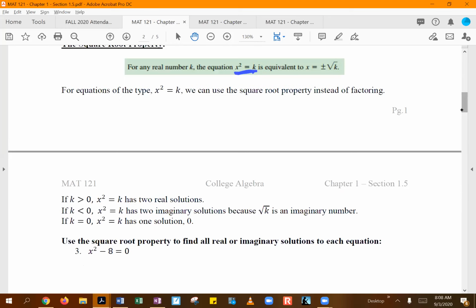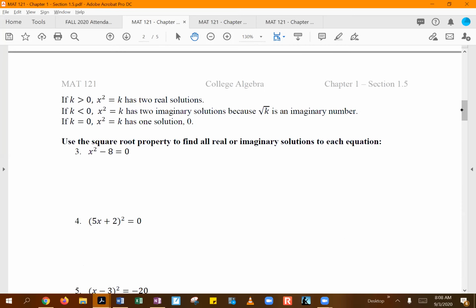Now, based on this value of k, we can decide what type of solutions our quadratic equation will have. If that k value is positive, then we will end up getting two real solutions, which means our answers will be real numbers.